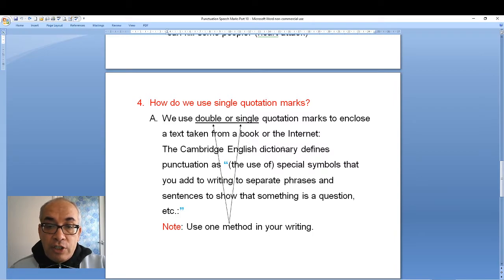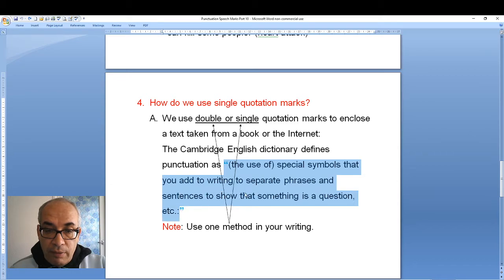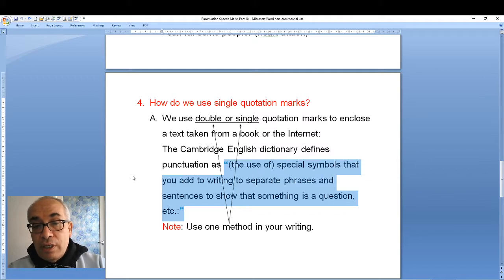"The Cambridge English Dictionary defines punctuation as the use of special symbols that you add to writing to separate phrases and sentences to show that something is a question, etc." So from here to here, this sentence is not my sentence. This sentence was taken from the Cambridge Dictionary.